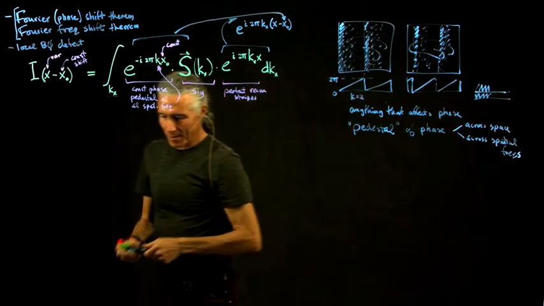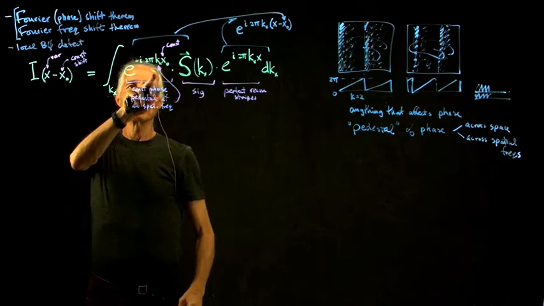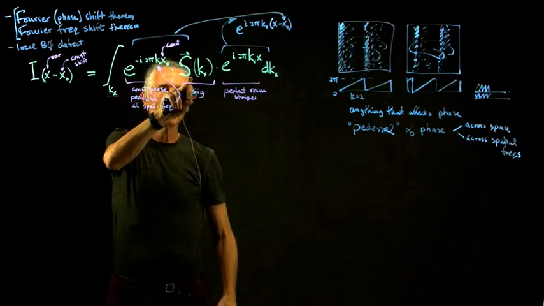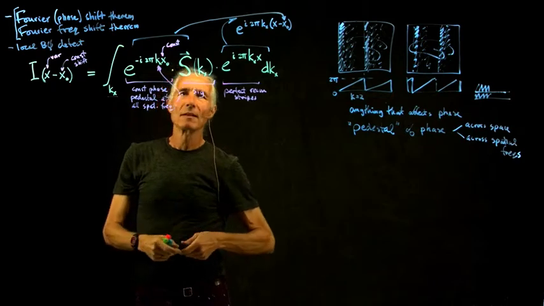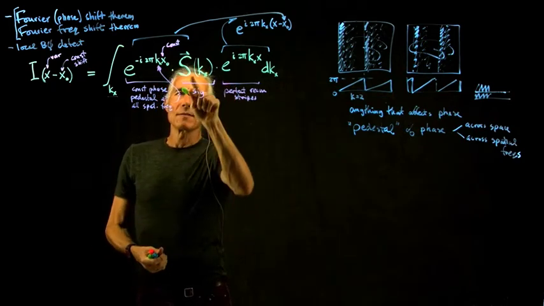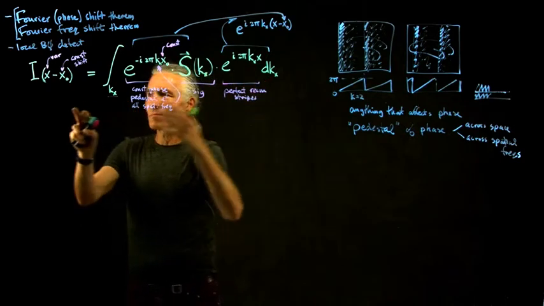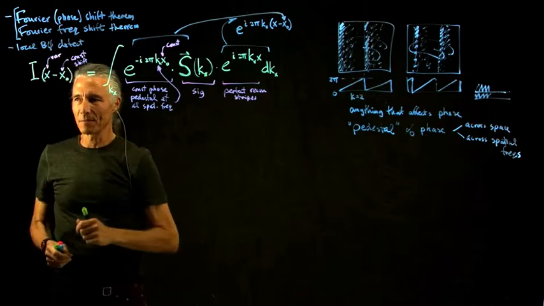There's nothing to it. It just says, you add a phase angle to every single spatial frequency, say 45 degrees to every single spatial frequency, do the reconstruction, and you end up with a spatial shift.